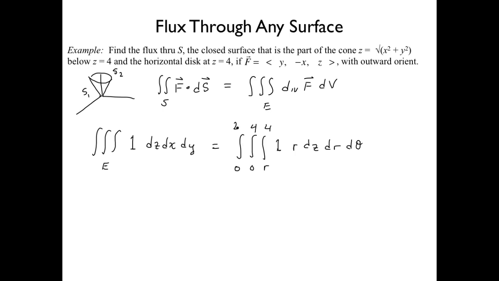And what are we expecting for an answer? 64 thirds pi. Let's make sure here. So you get 4 minus r, right? So you get, back to z, 4r minus r squared.